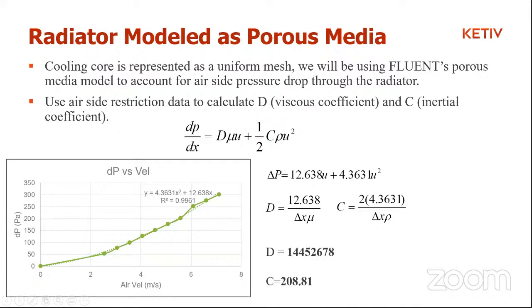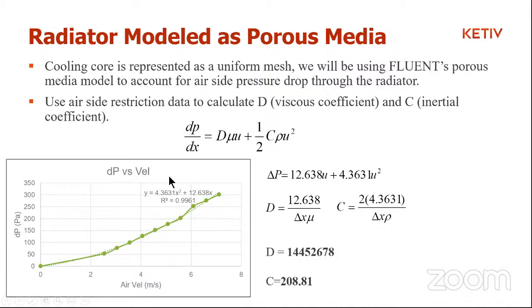And by doing this, what you're basically trying to do is find an analogous equation that looks like this equation over here. So if you notice, and if we rearrange the terms, you have an x squared term over here, which refers to this term over here that deals with the inertial coefficient.